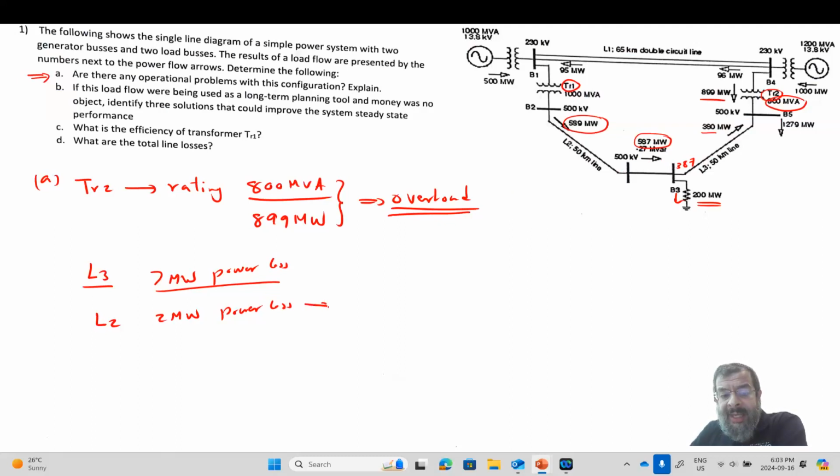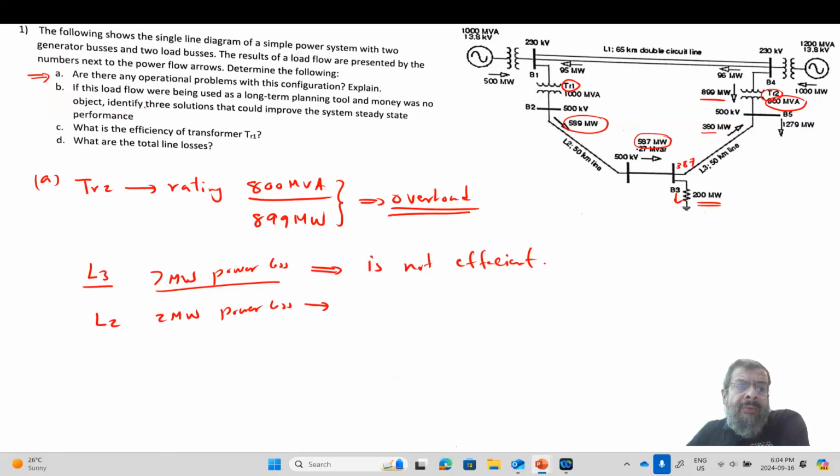So that tells me that line number 3 is not efficient. The losses are high, and that is not really good. So these are the two problems that I identify from the operation of this power system.